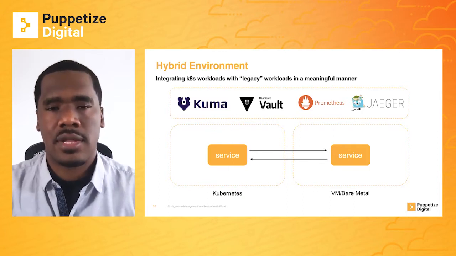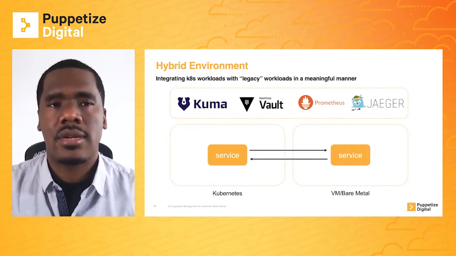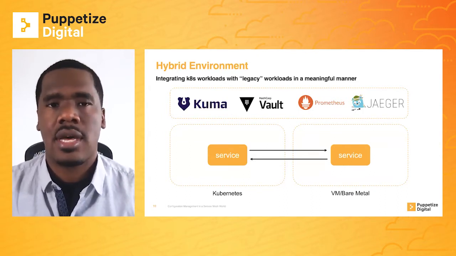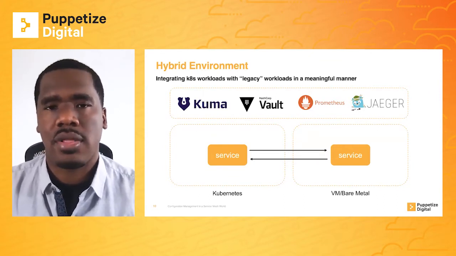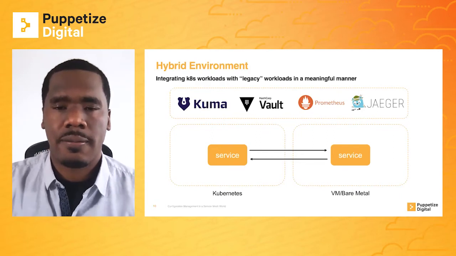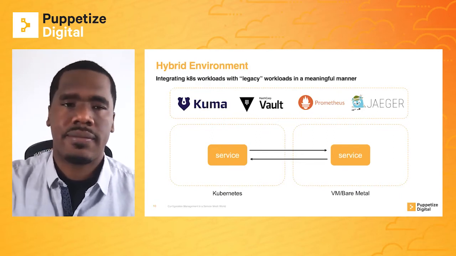And so this is really, how can we integrate Kubernetes workloads that have got all the advantages of the service mesh capabilities being harnessed, and then integrate that with our legacy workloads in a meaningful manner. So we'll take a look at that.